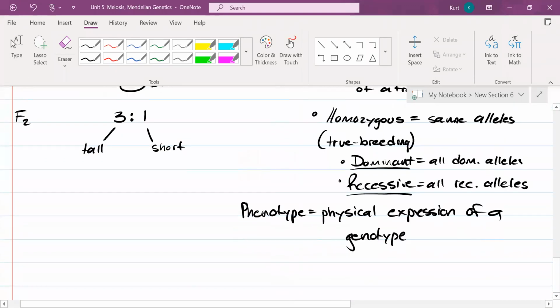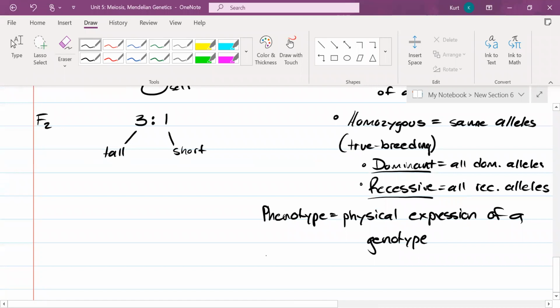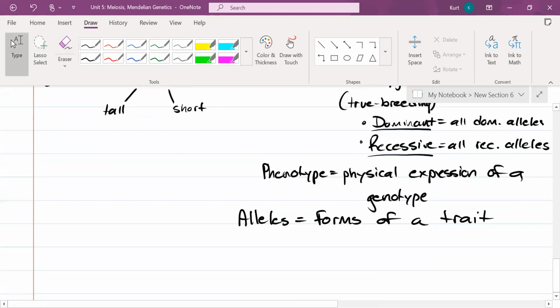All right. Another term, and actually I'll get to what I was thinking momentarily, but we have alleles. These are just forms of a trait. So in this example, we have the dominant allele, which is tall, and we have the recessive allele, which is short.